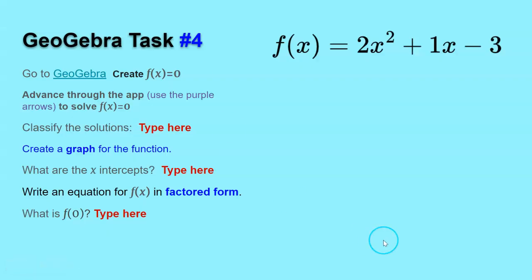I think I gave them nicer numbers. I can't remember. Classify the solution. So they're going to tell me all the different classifications for the numbers that are their solutions. They will create a graph for the function. They will tell me what the x-intercepts of their function are. They will write an equation in factored form, and they will tell me what f of 0 is.